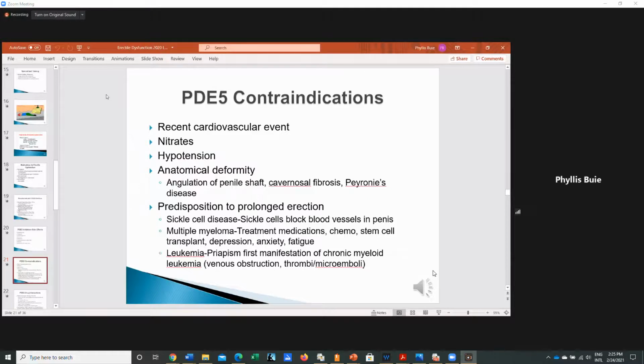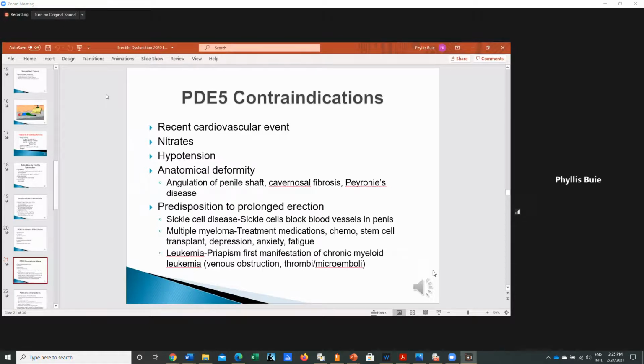Any type of anatomical deformity, if there is Peyronie's disease or any type of cavernosal fibrosis, anything that's going to restrict the potential for the penis to enlarge, because that too can cause permanent damage. And then we've also mentioned earlier about prolonged erections. Sometimes you see that in sickle cell patients, because the sickled blood cells actually block the blood in the penis and don't let it out. And that can be a problem because it deprives it of oxygen and nutrients.